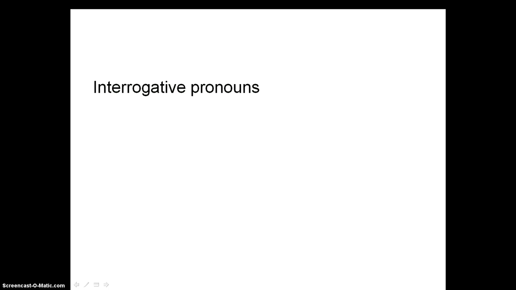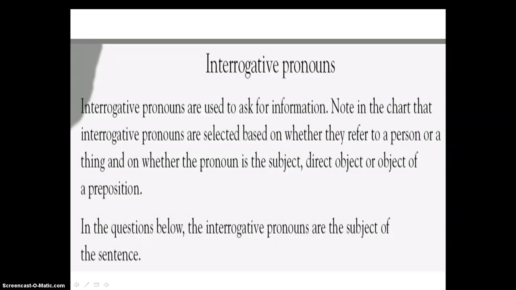And I know today in class we all struggle with the interrogative pronoun. One of the main issues is that we need to actually know in English what an interrogative pronoun is, just as it is important to know what a subject in a sentence is and a direct object is. Once again, as you see here, interrogative pronouns are used to ask for information.